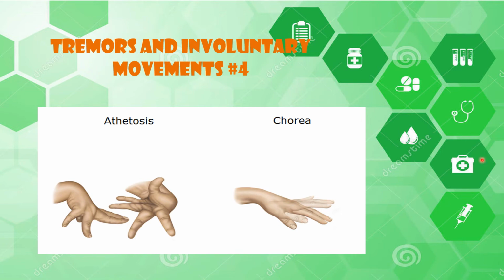So unlike tics, they seldom repeat themselves. So the face, the head, the lower arms and hands are often involved. So causes include Sydenham chorea with rheumatic fever and Huntington disease.